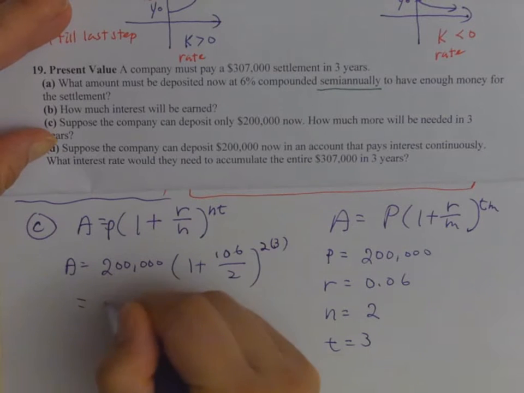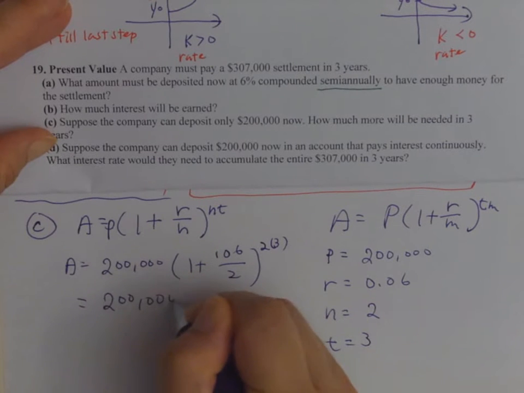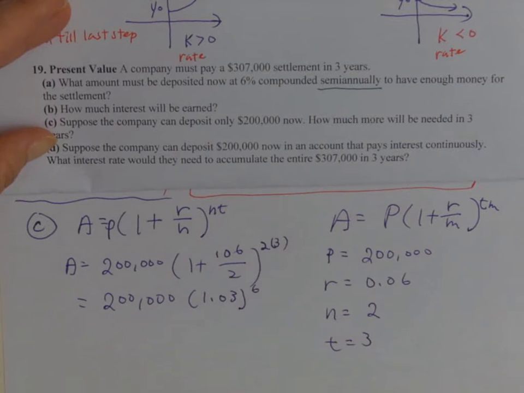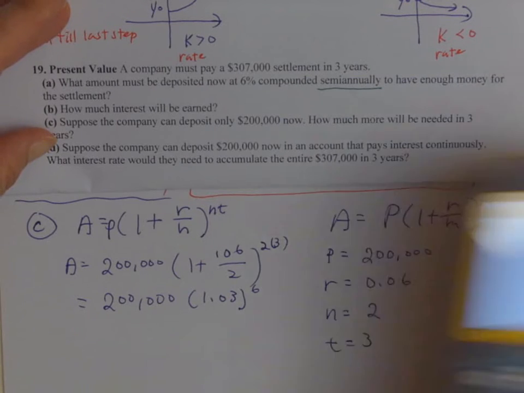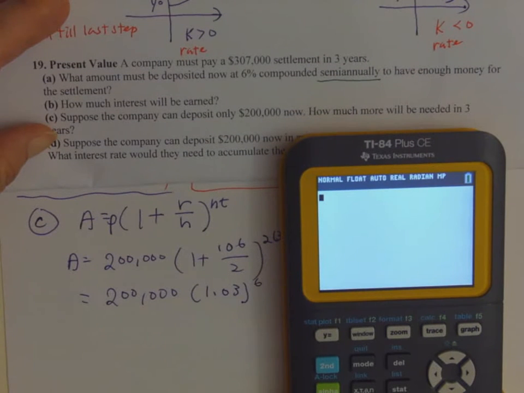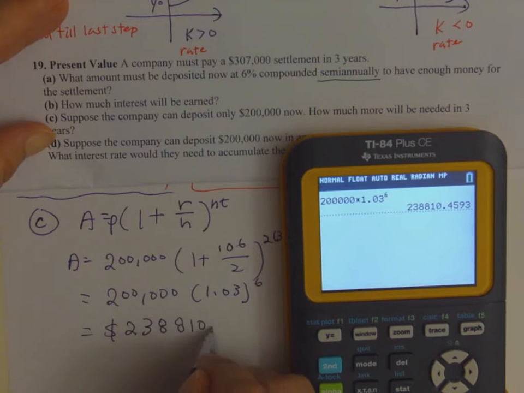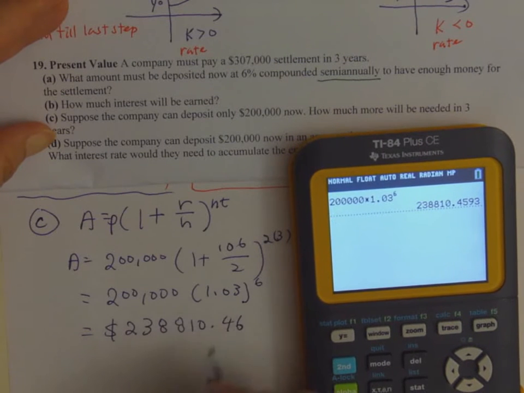So that would be 200,000 times 1.03 raised to the 6th power, right? So let's see how much we are going to get. 200,000 multiplied by 1.03 raised to the 6th power is going to be 238,810 and 46 cents.